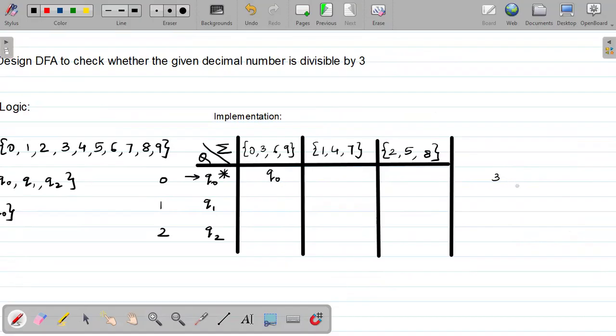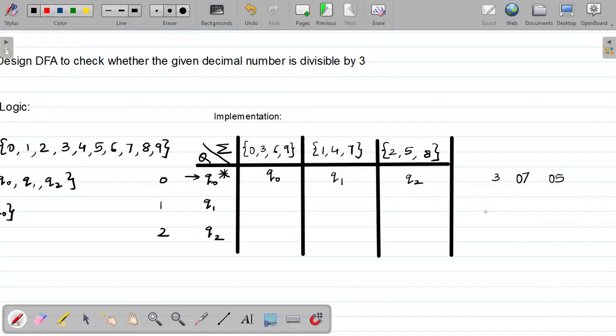For 1, 4, 7, you can choose any of the numbers. Suppose I choose 7. Initially we were having 0, 7 comes in, the number is a single 7. When we divide it by 3, remainder is 1, which is given by the state Q1. Then we have 2, 5, 8, you can choose any one of the numbers. I will choose 5, so 05. When we divide 5 by 3, remainder is 2. It is given by the state Q2.